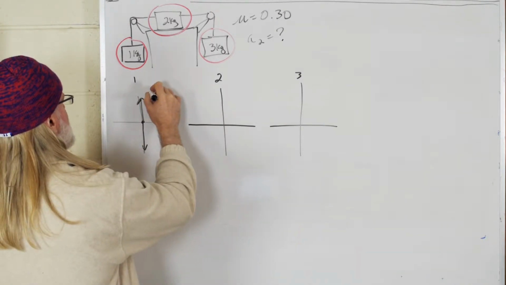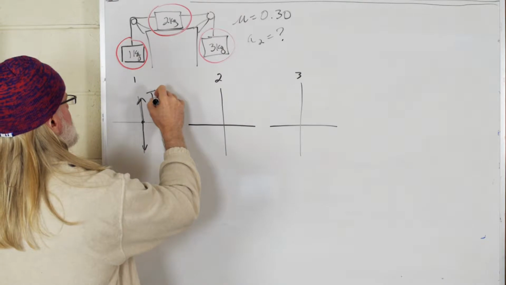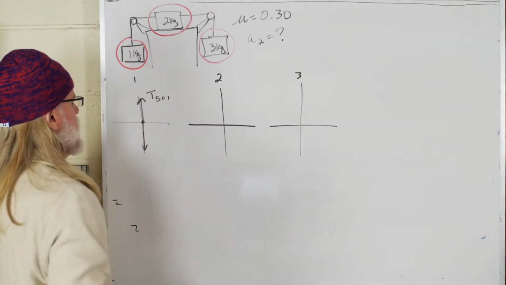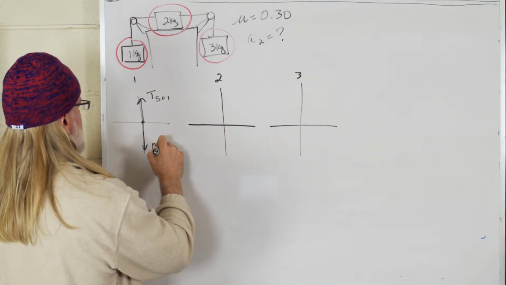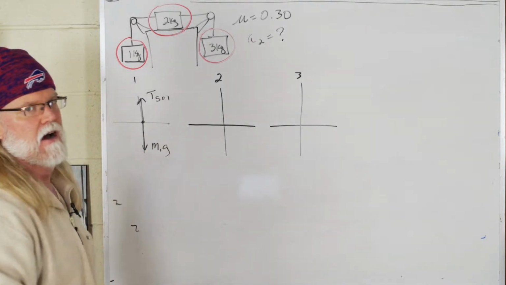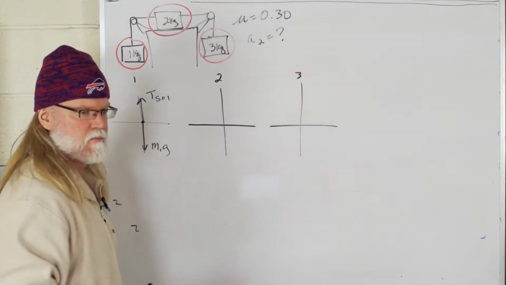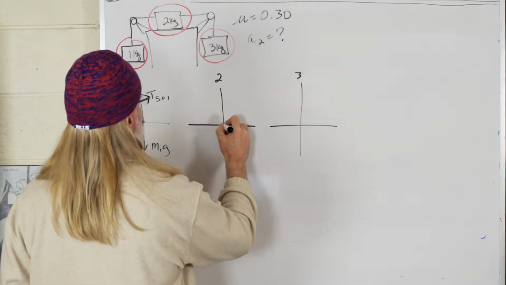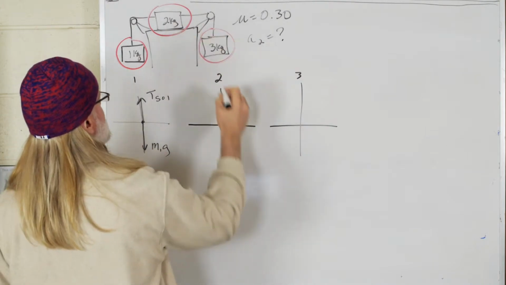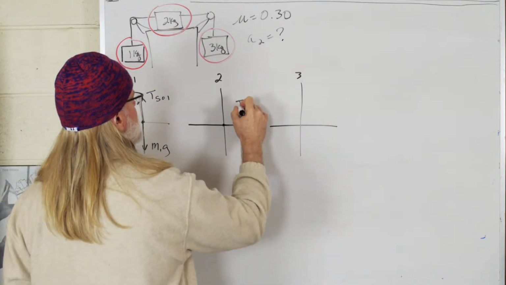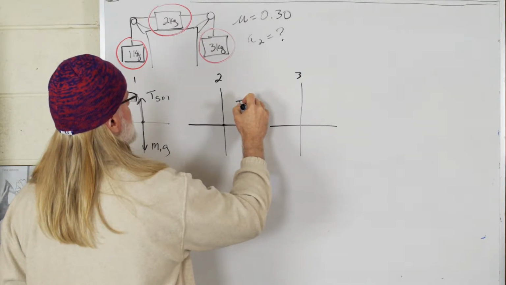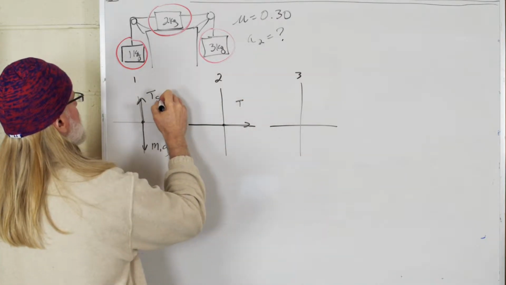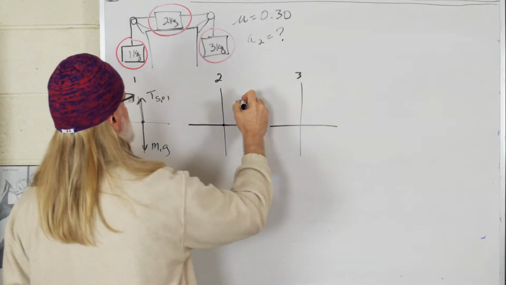We have the tension of the string on 1, and here we have M1G down. All right, so we have that, and over here we have the tension of, I'll call this string 1 because we have two different strings.